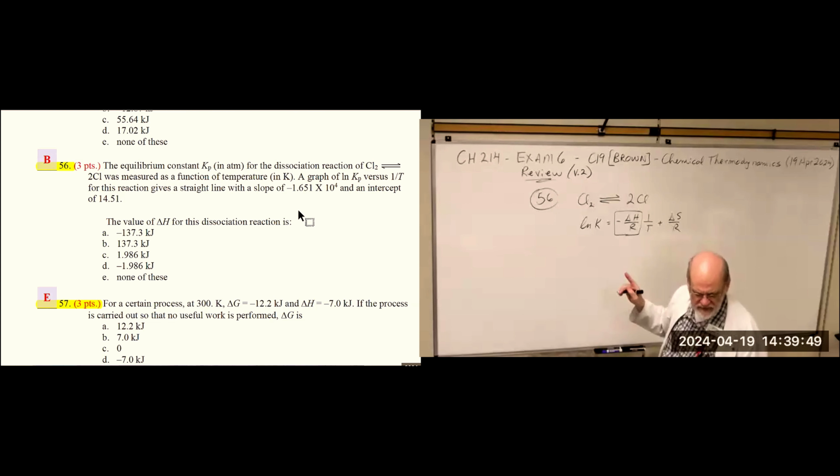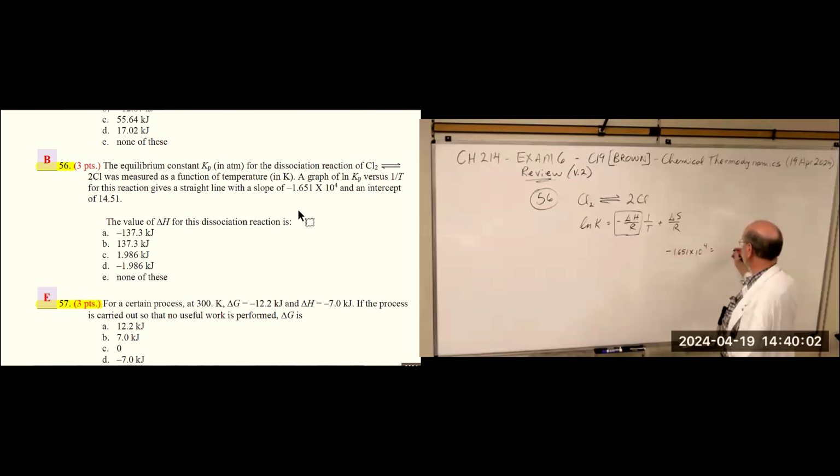The slope is negative 1.651 times 10 to the 4th, and that's equal to negative delta H over R, which is 8.3145 joules per K mole.